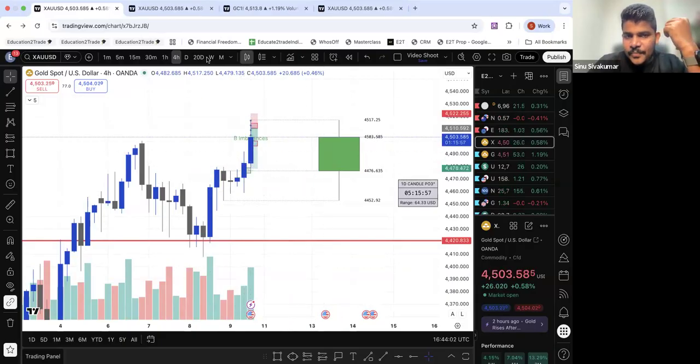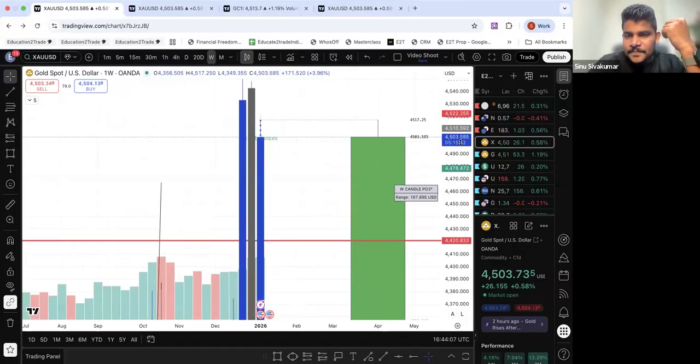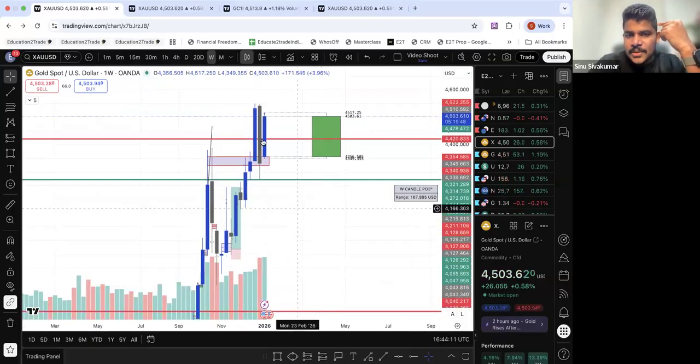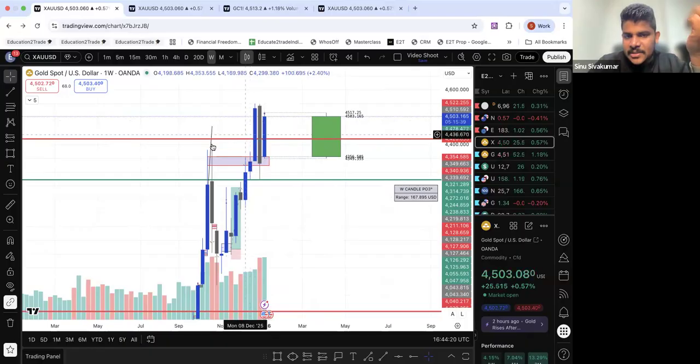With respect to daily and weekly, if the price is able to close, this is the 50% which we were talking about early morning when I posted 4,420. This is the 50% of the structure, also the previous liquidity with respect to gold.